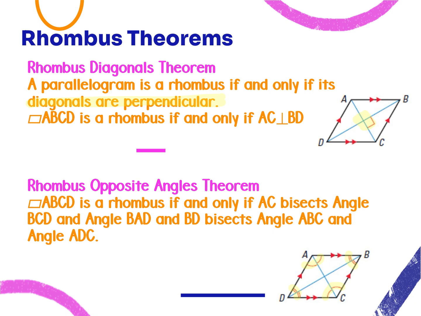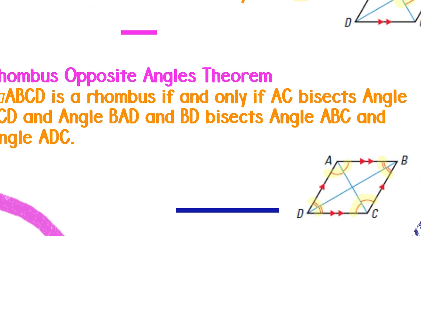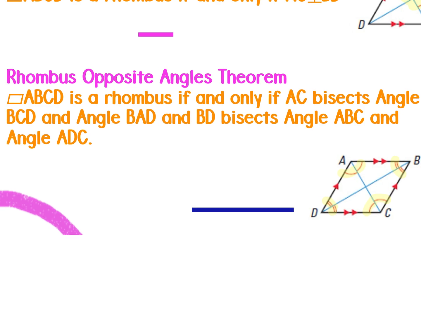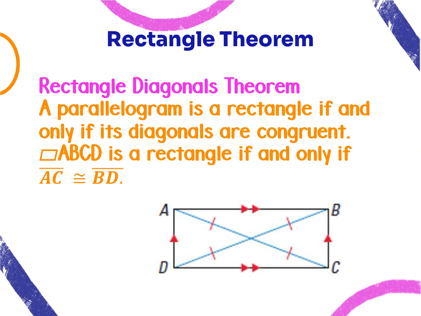So when I'm looking at it, a parallelogram is a rhombus if and only if AC bisects angle BCD and angle BAD, and BD bisects angle ABC and angle ADC. Okay, so looking at the diagram, you have to kind of know what are your opposite angles and which ones are congruent.